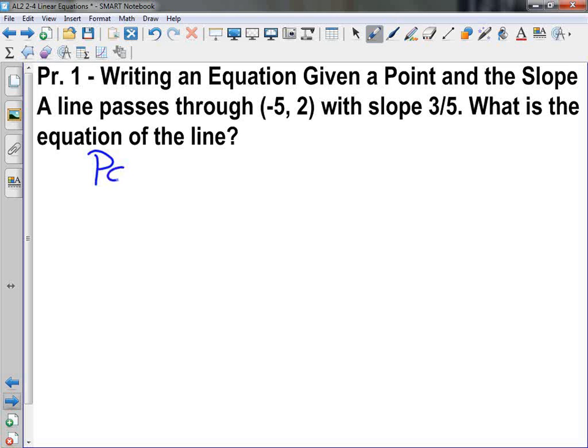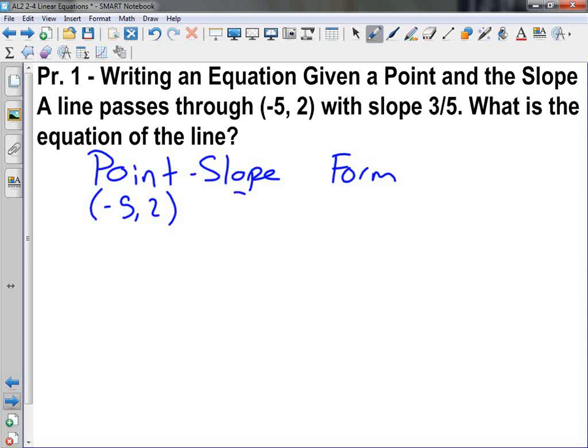We're looking at point-slope form. Do I have a point on the line? Yeah, I have a point which is -5, 2. Do I have the slope, which is 3/5? All right.